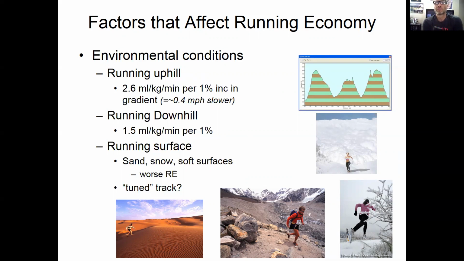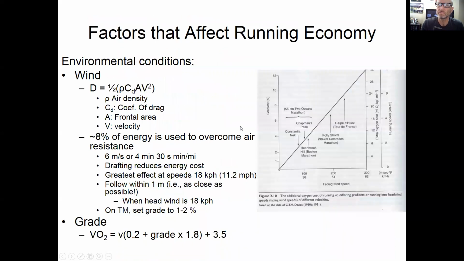There's some neat work on trying to figure out if you can tune a track to a particular person to optimize their running economy. Pretty challenging because you would almost need a track for every person, because it might be a little different for each person. But environmental conditions influence running economy.